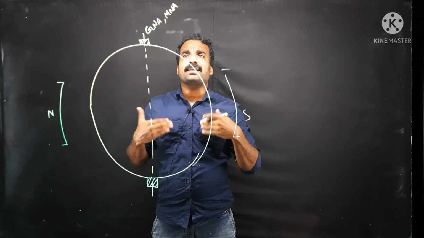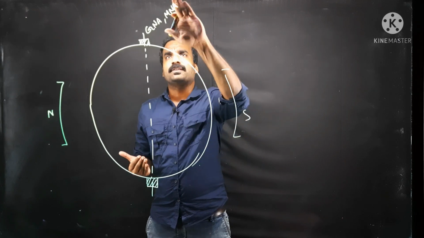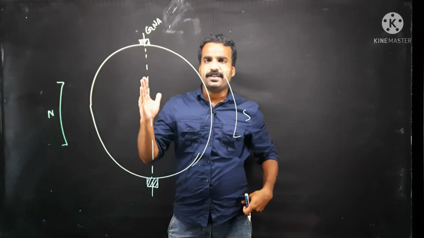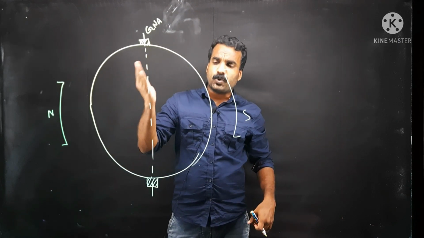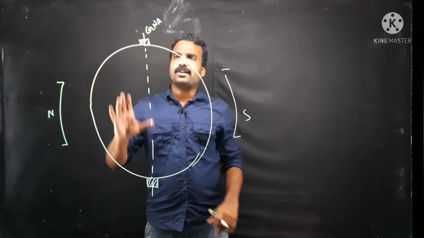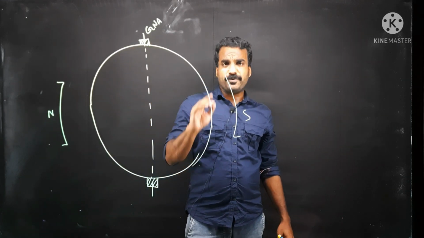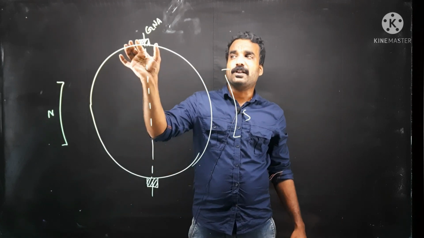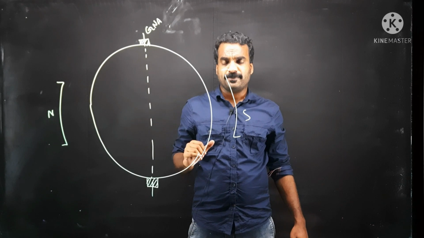But if we consider armature flux also, then the resultant flux comes into the picture, and the MNA will be shifted according to the new resultant flux. So initially we placed the brush here, but the brush should not be placed here.